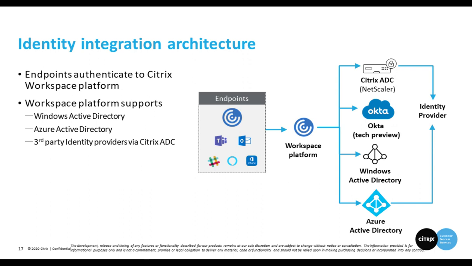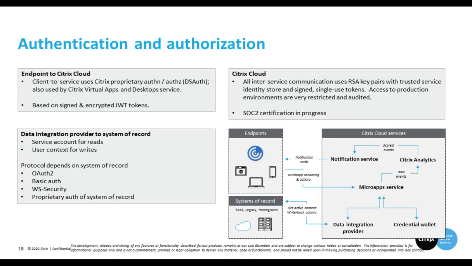So when the OAuth tokens get replayed, it'll be replayed in the context of wherever your identity provider happens to be located. In this case, let's say it would be Okta or Azure Active Directory, what have you.